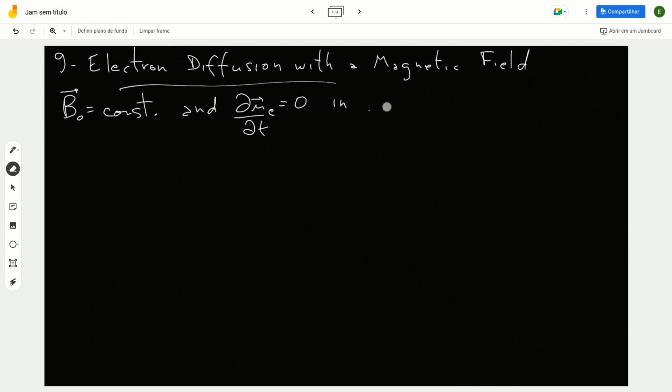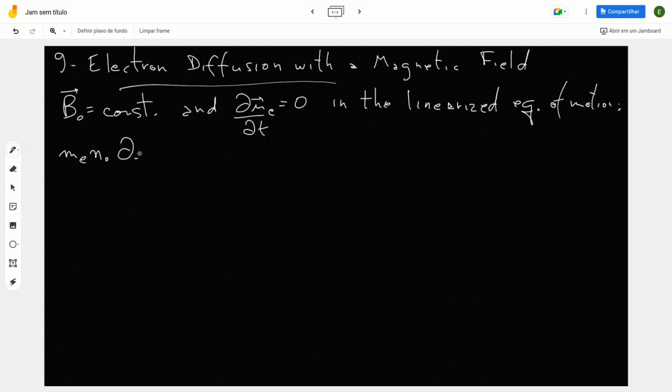And the linearized equation of motion for the electrons. So we will use ME and O. Already dropped the advective term for U here.